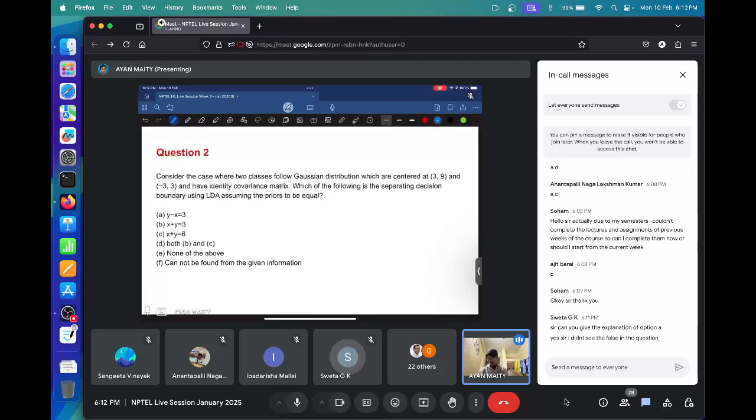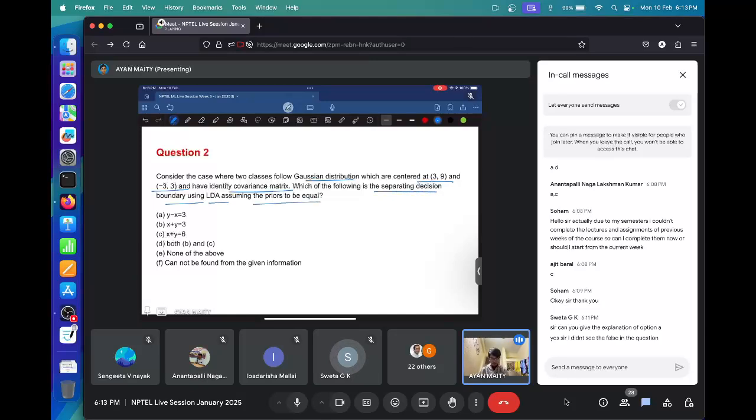Now moving on to question 2. This is on linear discriminant analysis, or LDA. Consider the case where two classes follow Gaussian distribution, centered at (3, 9) and (-3, 3), and have identity covariance matrix. Which of the following is the separating decision boundary using LDA, assuming the priors to be equal?